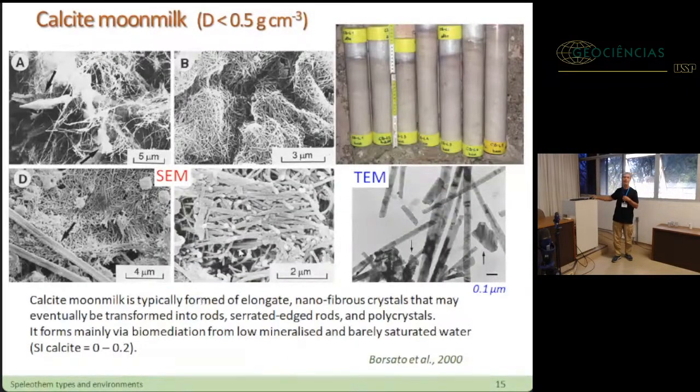So this is calcite mummy under SEM and a transmission electron microscope. You can core it just by hammering a tube into the deposit, and it is made of these filamentous, nanofibrous crystals that can eventually transform into rods, serrated rods, and polycrystals.